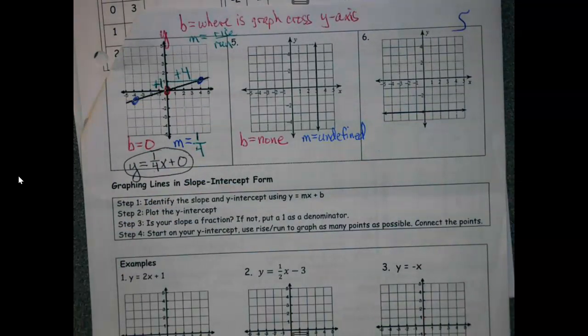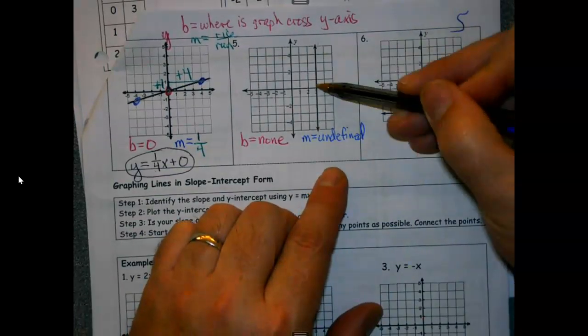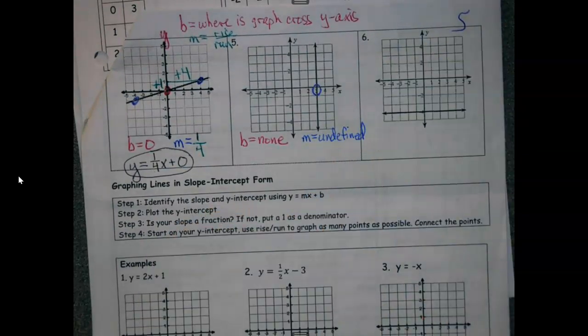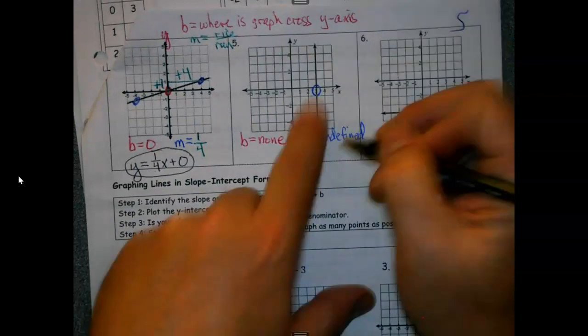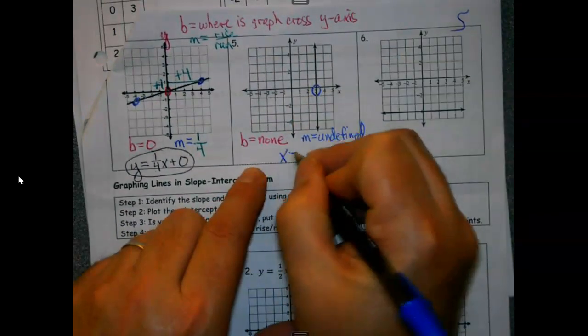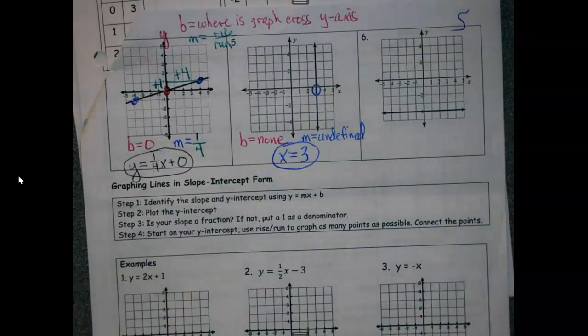Here's what you do. What's the x value that whole line is going through? What is the x value that line is going through? 3. Just write x and the number that the line is going through.